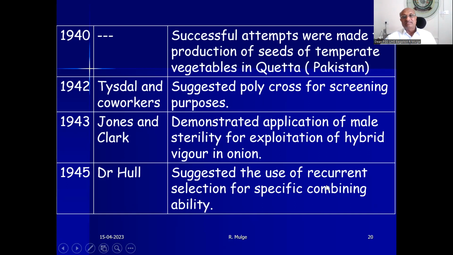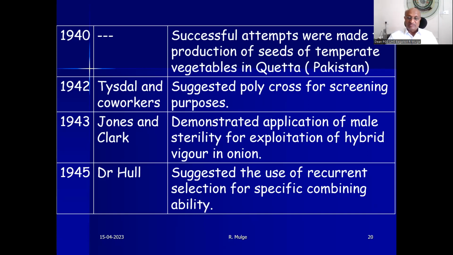In 1945, Dr. Hull suggested the use of recurrent selection for specific combining ability. Now several schemes came in recurrent selection. You can improve the specific combining ability, you can improve the general combining ability, or else simply develop an OP variety. So depending on the screening, Hull suggested the use of recurrent selection for specific combining ability.